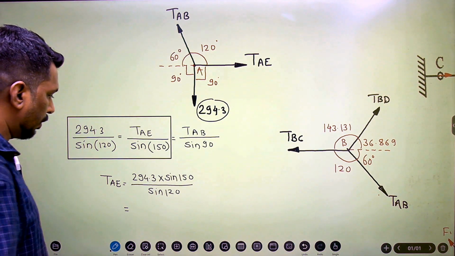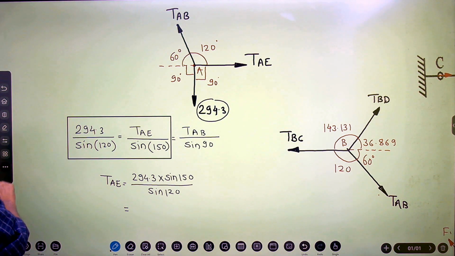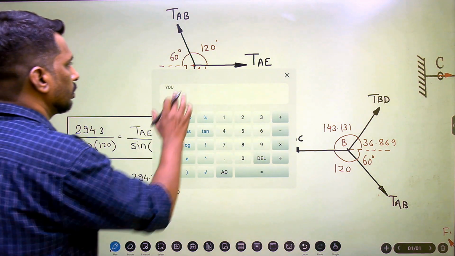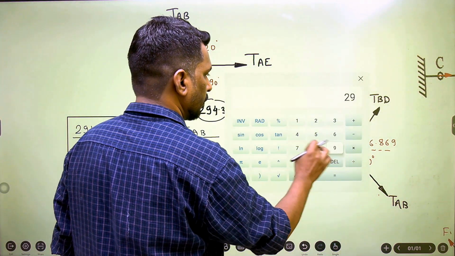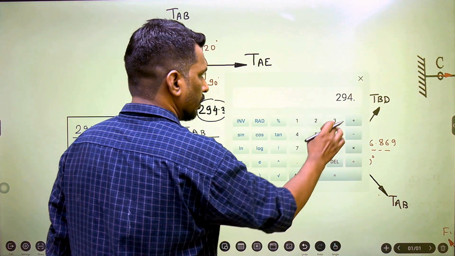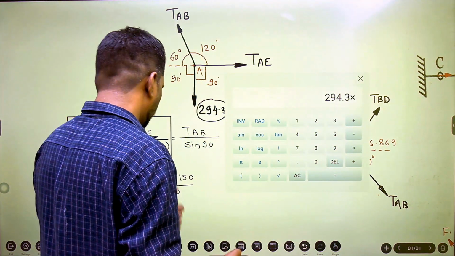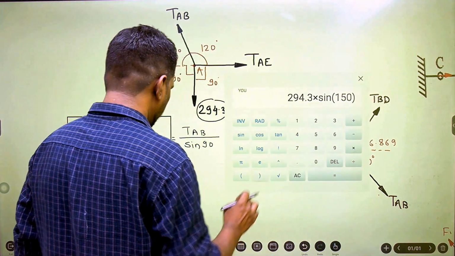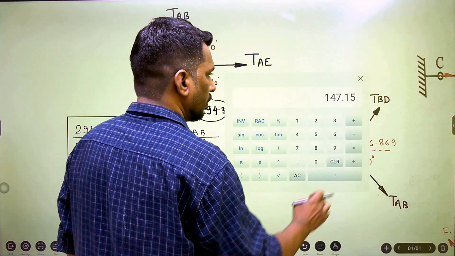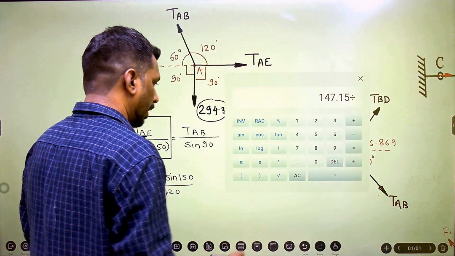So this is equal to 294.3 into sine 150 divided by sine of 120.